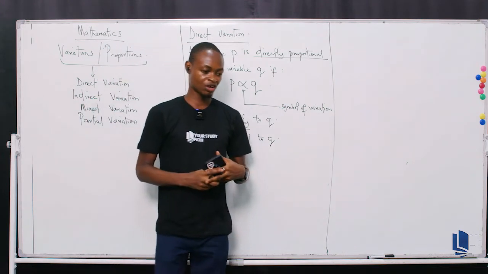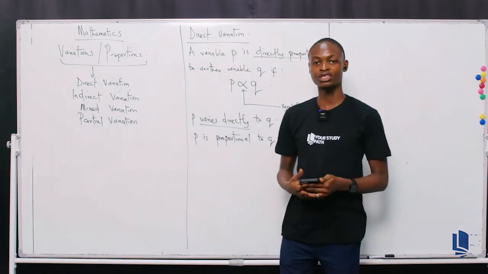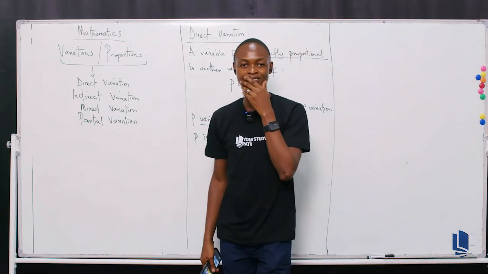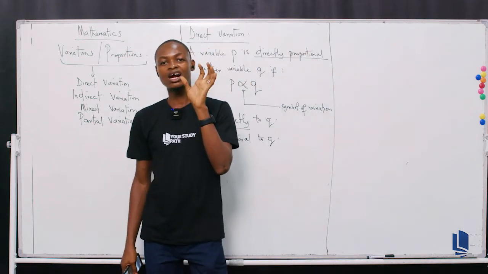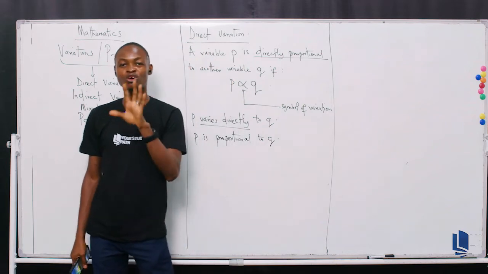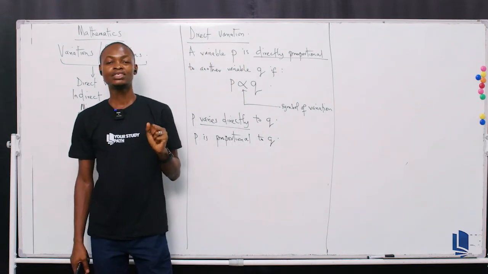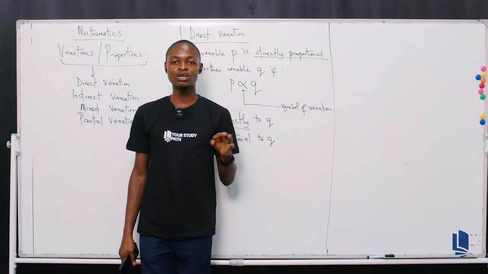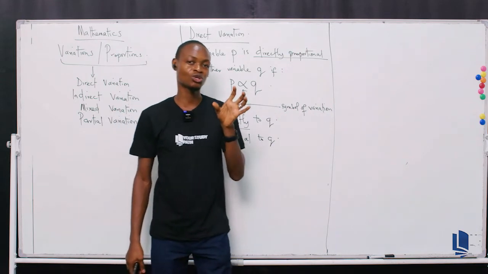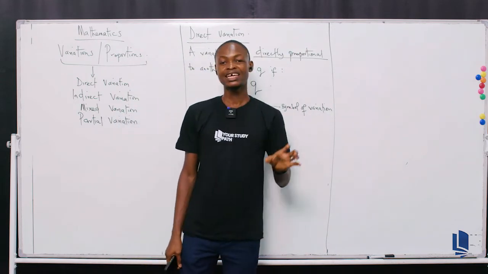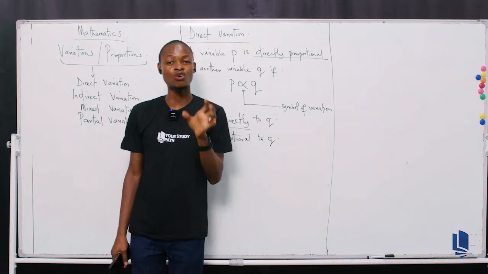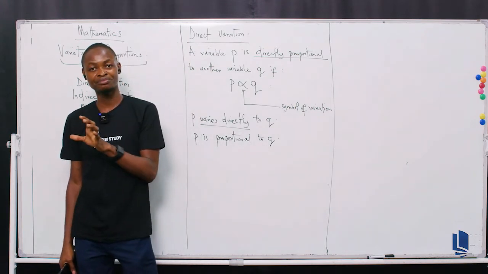So, if we take a real life analogy, for instance, let's say you have a construction company. The amount of work you can get done in that construction company per day is directly proportional to how much staff you have.